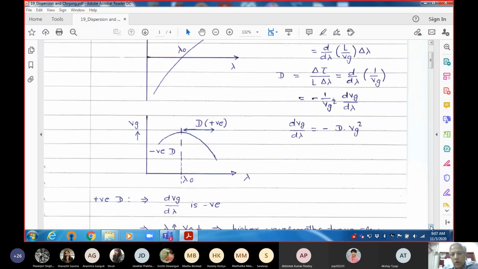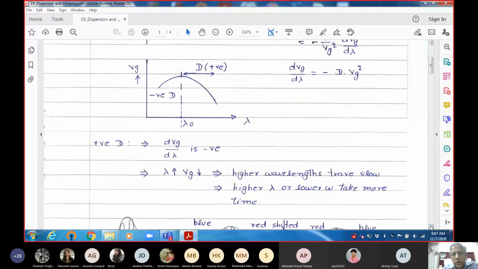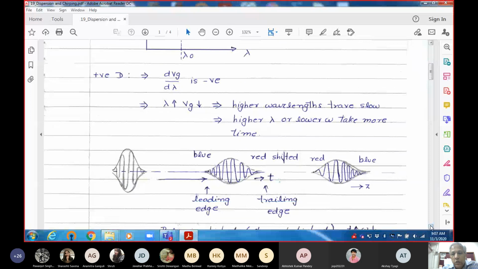And when the higher wavelengths take longer time, the frequency across the pulse is not constant. The pulse gets chirped. This is what we call it. The pulse gets dispersed. If I plot the output pulse as a function of time, then the red, higher wavelength would reach at a later time, so t would be higher.